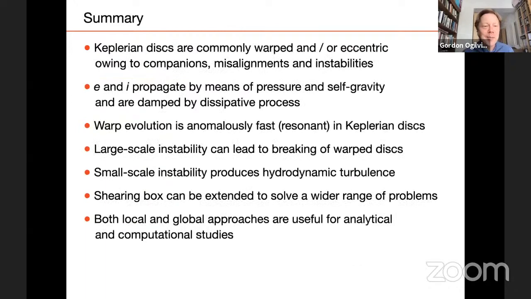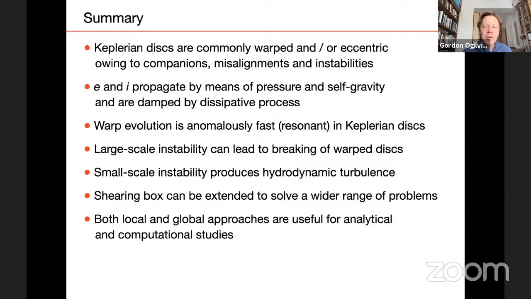Okay, so I see that my time is essentially up. So just to summarize, Keplerian disks are commonly warped or eccentric as a result of companions, misalignments, and instabilities. Eccentricity and inclination propagate through the disk by means of pressure and self-gravity, and they're damped by various dissipative processes.